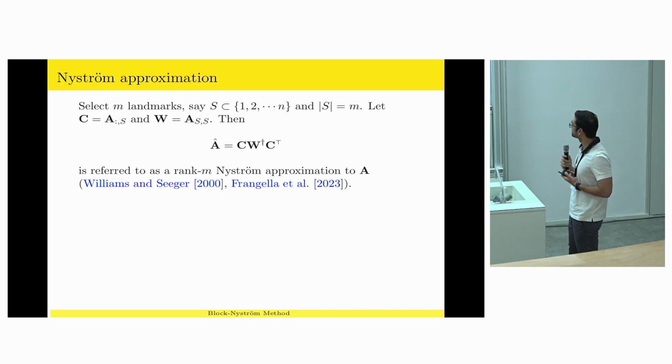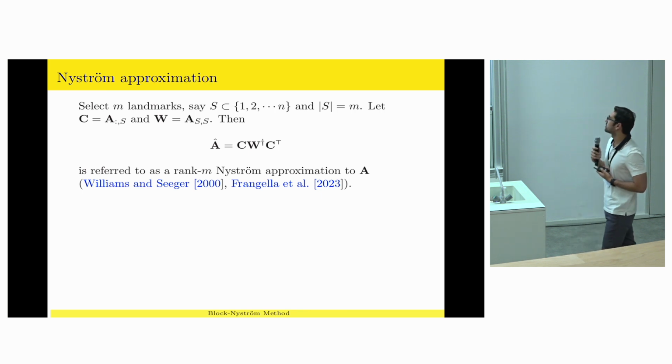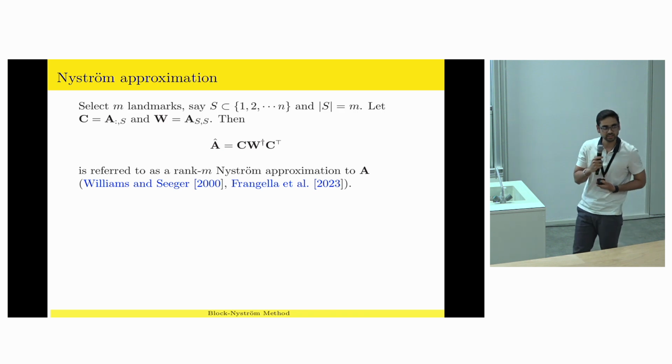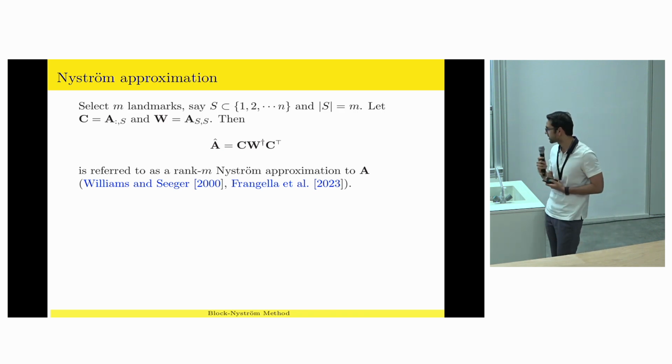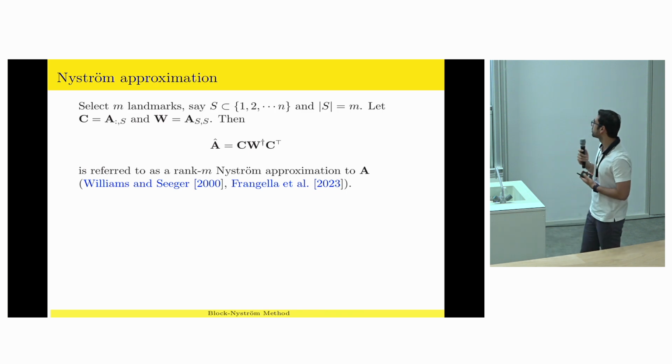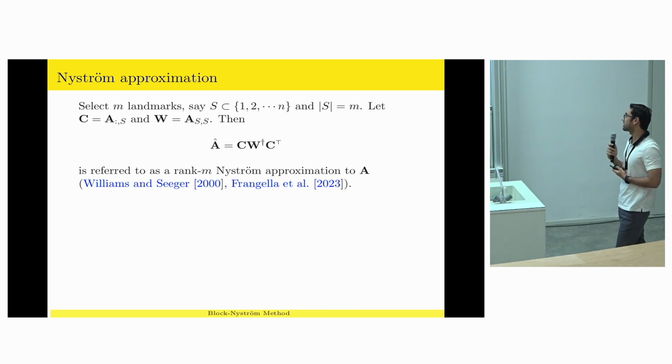So let's begin. Nystrom approximation is a very classical technique for constructing low-rank approximations to PSD matrices. And here is how it goes. You start by selecting m indices from the set 1 to n, often known as selecting m landmarks.